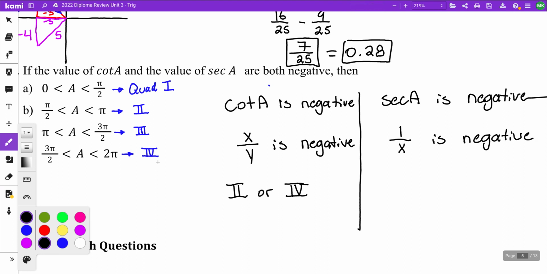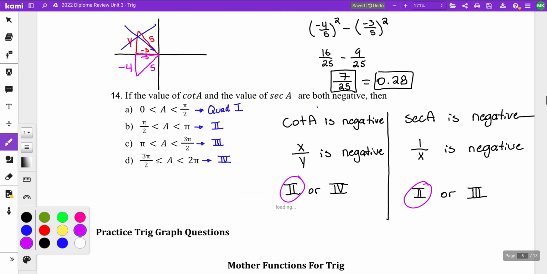That means your x value must be negative. So that means you're in quadrant 2 or 3. If both those statements had to be true, that means you're in quadrant 2.